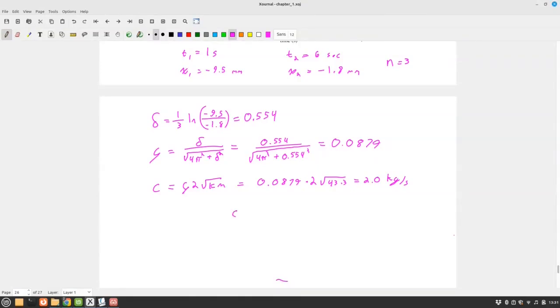Right, so c is equal to 2.0 kilograms per second. And when you do a test or a homework, it's always good to box your answer, right? It looks nice and clean.